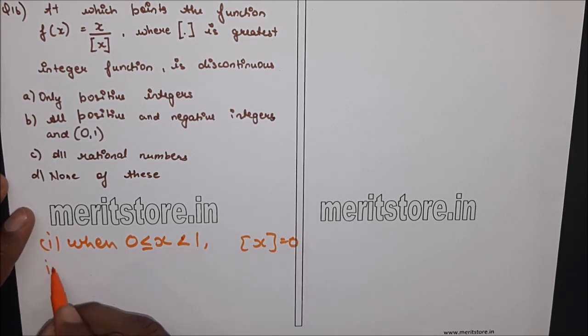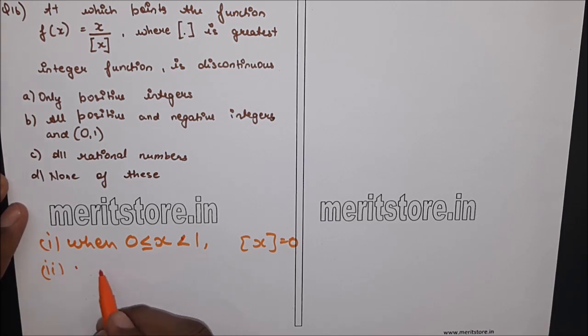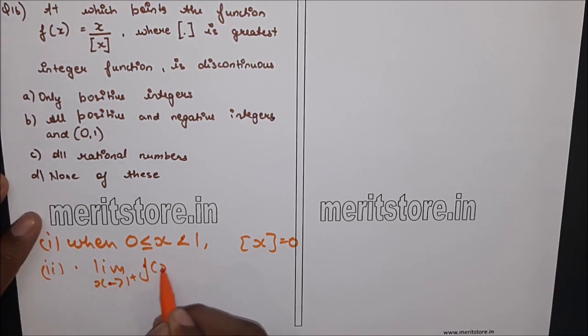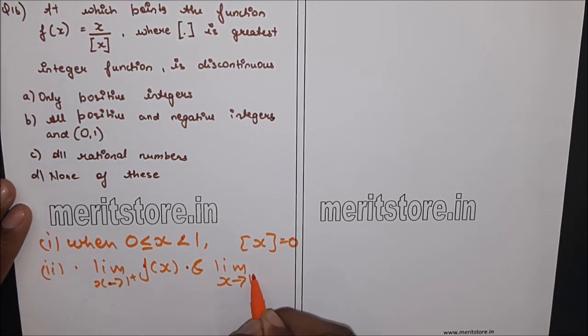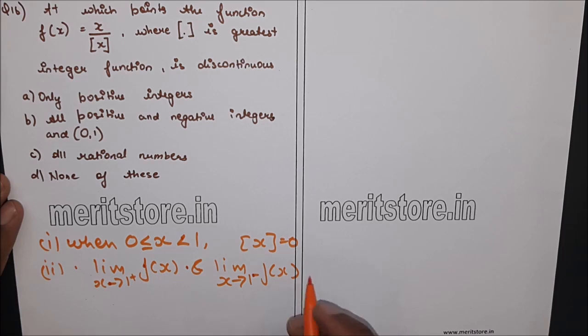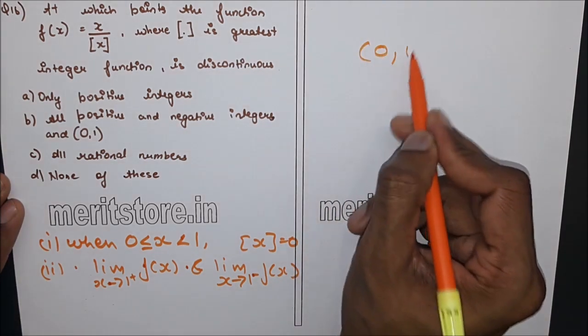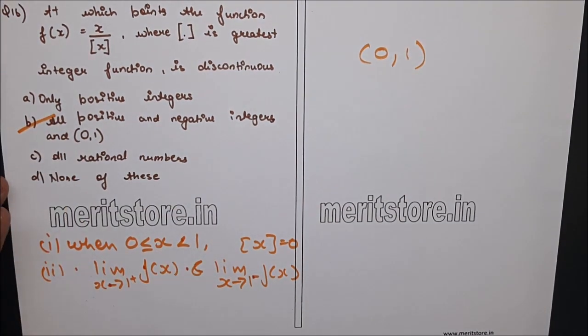Here for 2, also the limit x approaches to 1 from the right hand side of f of x, and the limit x approaches to 1 from the left hand side of f of x, does not exist. Hence f of x is discontinuous at all integers and also in 0, comma 1, which is our option B. Therefore option B is the correct answer.